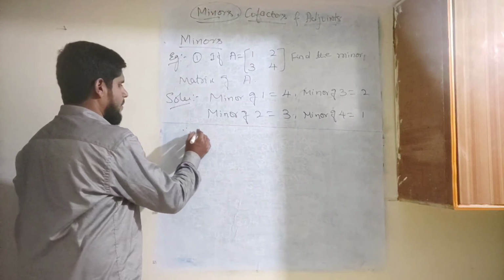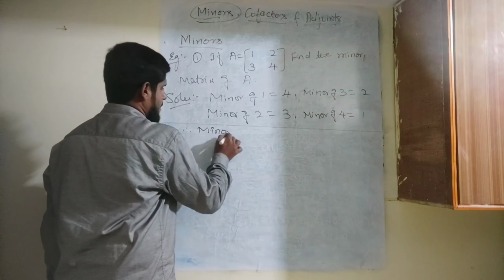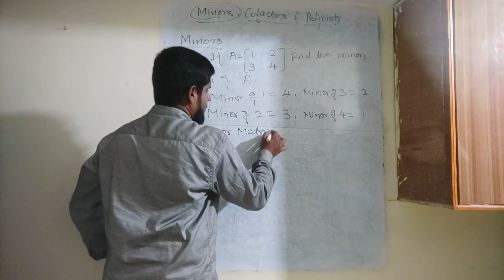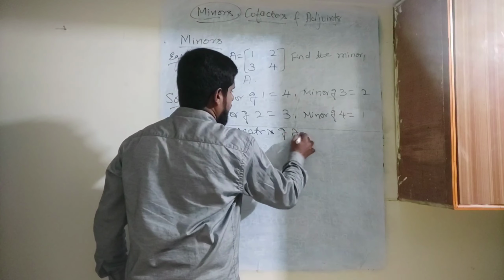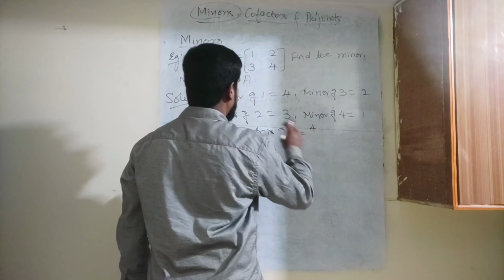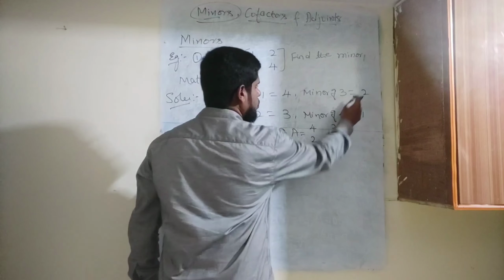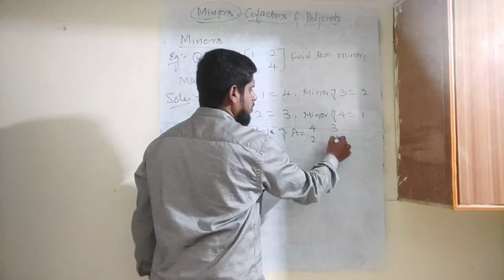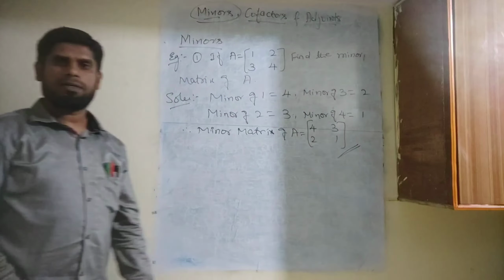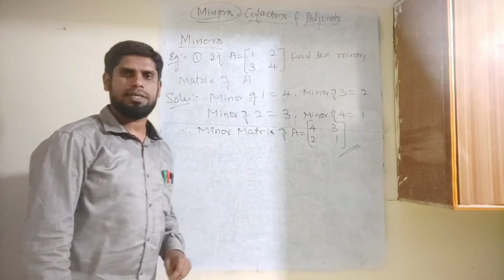Therefore, the minor matrix of A is equal to: in place of 1 we got 4, in place of 2 we got 3, in place of 3 we got 2, and in place of 4 we got 1. This is the minor matrix of the given matrix.